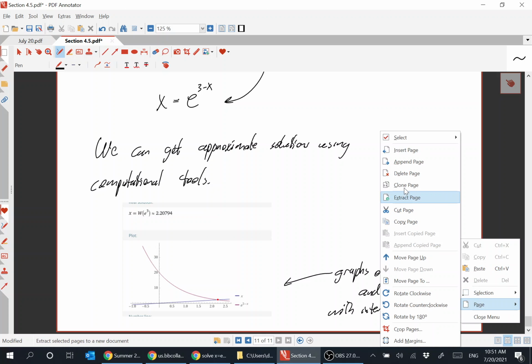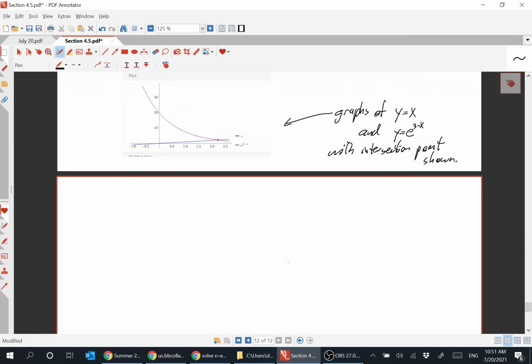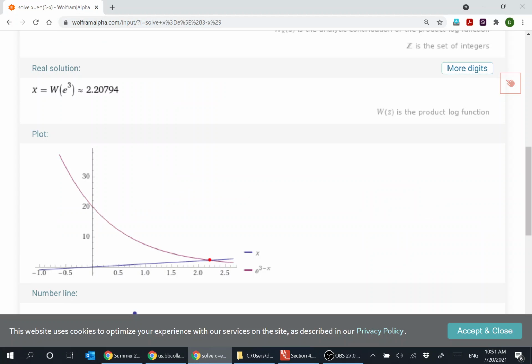And the approximate solution is x equals 2.20794. Although that's not an exact number, it's just a decimal approximation.